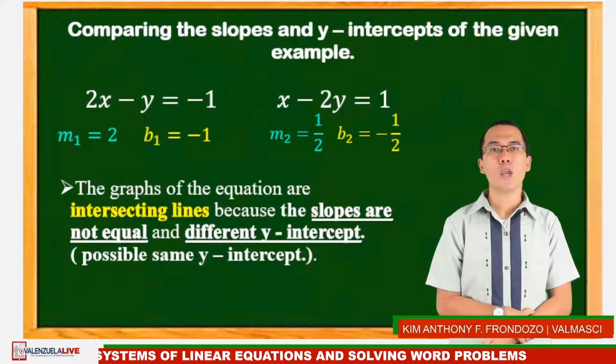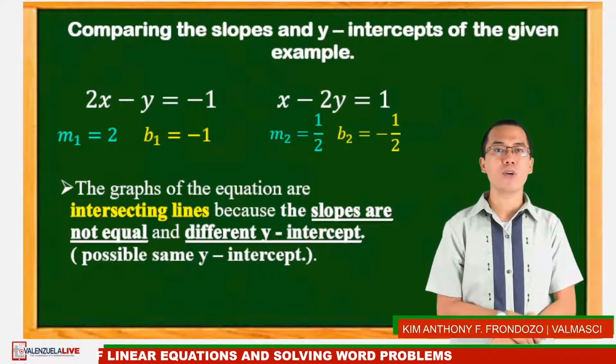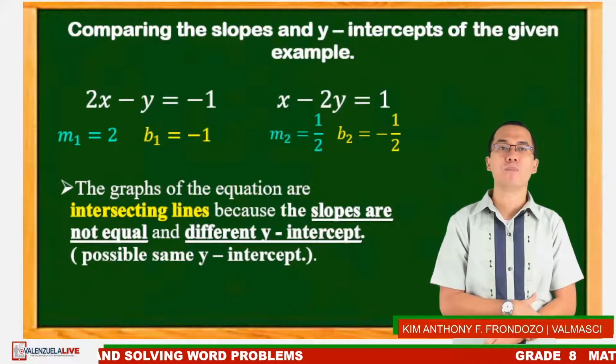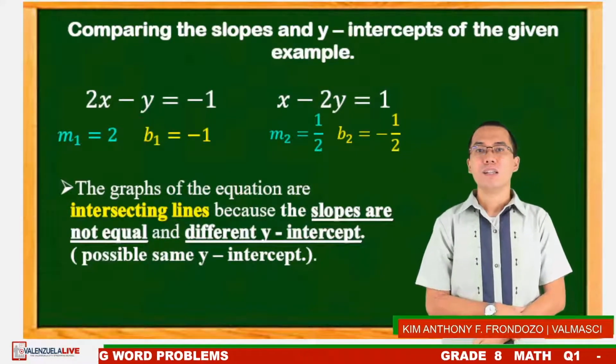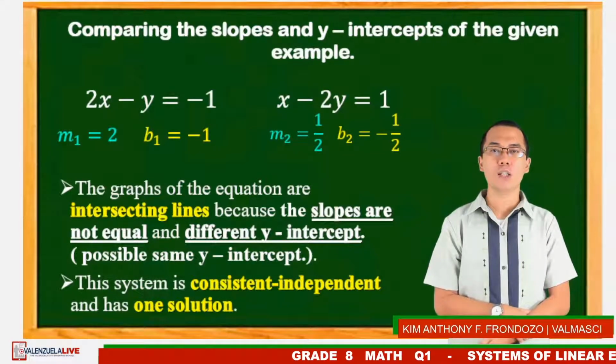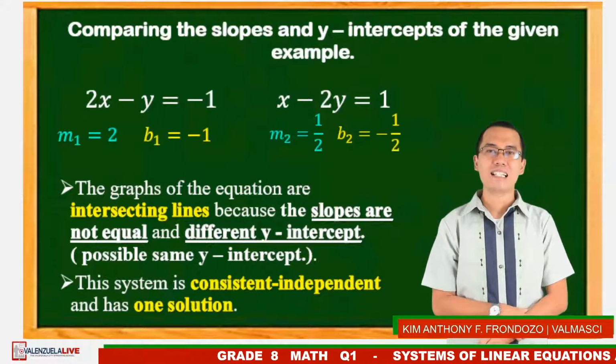So the graphs of the equations are intersecting lines because the slopes are not equal. Okay? So the system is consistent, independent, and has one solution. Example number 3.